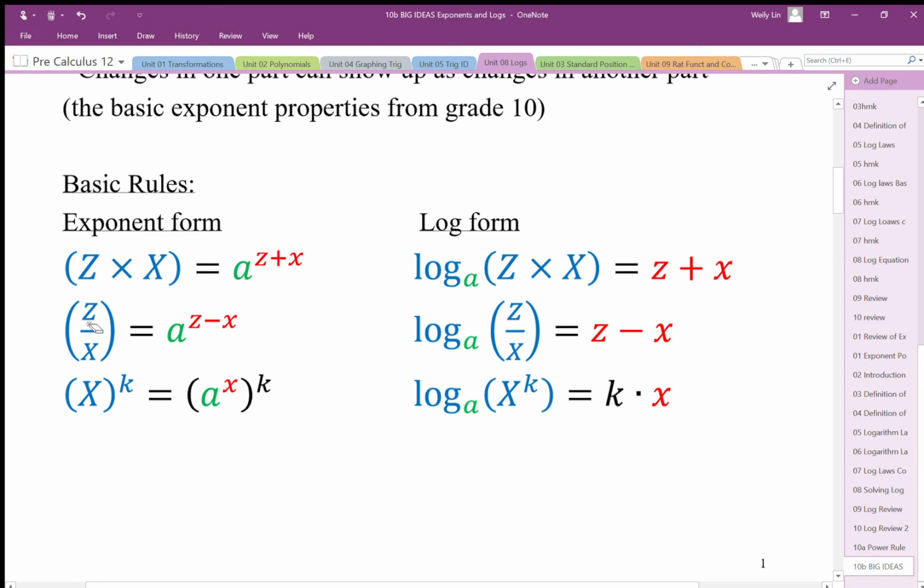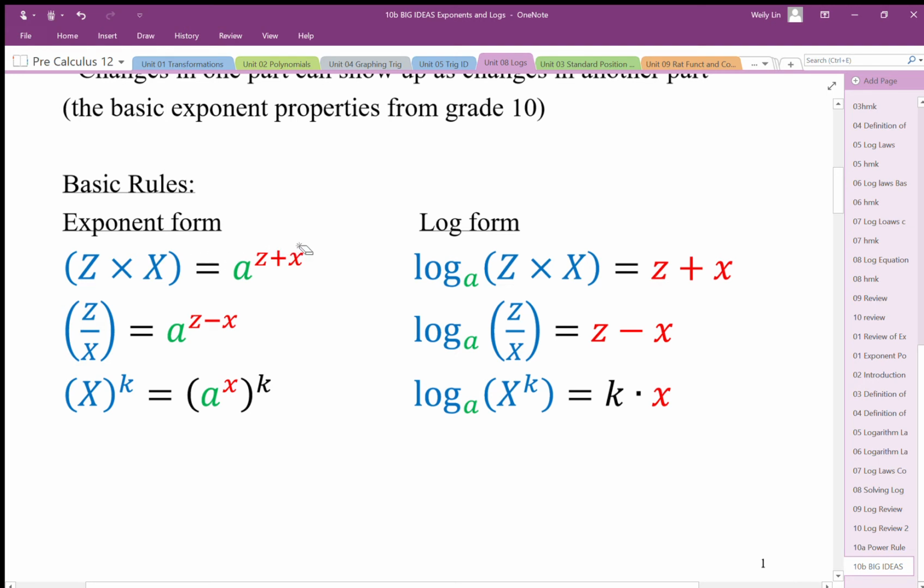If I divide these arguments, I can subtract the exponents on that base, whatever common base we're going to use between those two numbers. And if I have an exponent external to the argument X, I can apply that exponent as a multiplier on x. And the equivalents are shown in log form here.